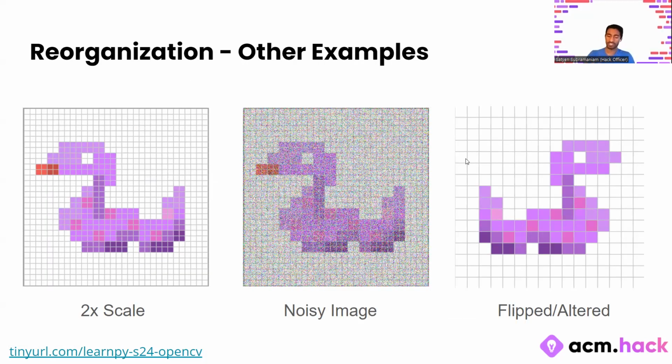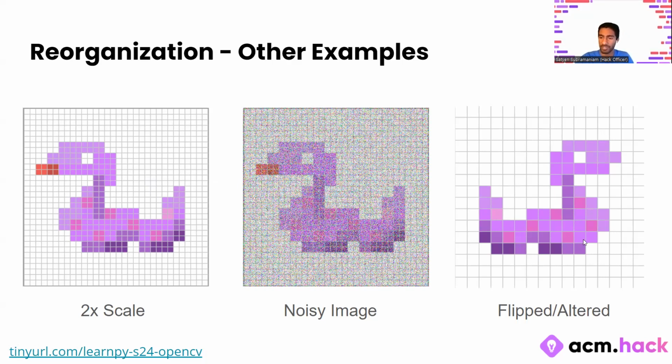Obviously, reorganization is going to vary by the specific task you're trying to do. Some other examples of starting images could make it a little more complicated. For instance, if we scale the image up, this one is 2 times as large, as you can see by the grid. This one here has noise introduced, so for something like this you'd probably want to blur it before you do any additional transformations.